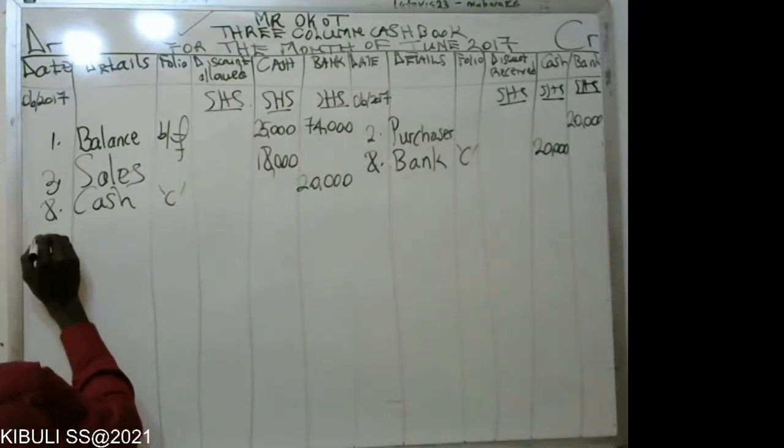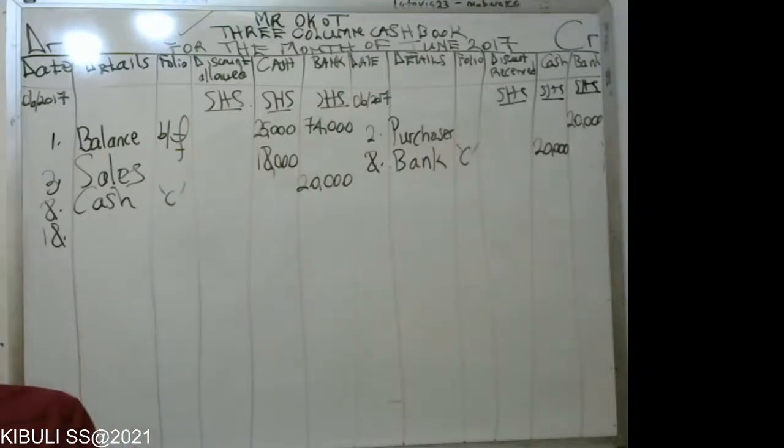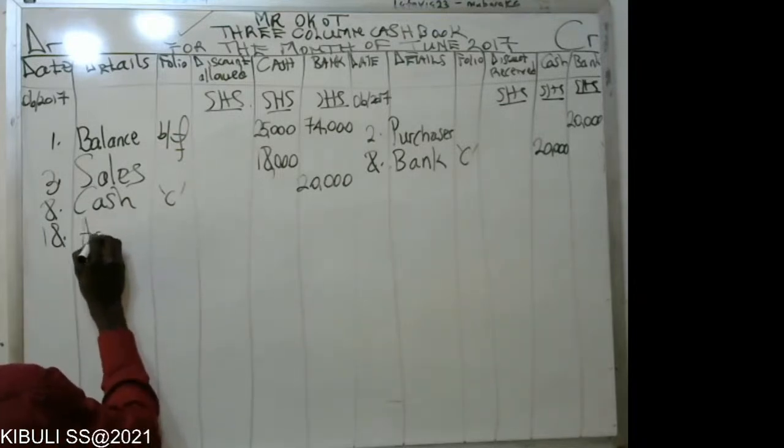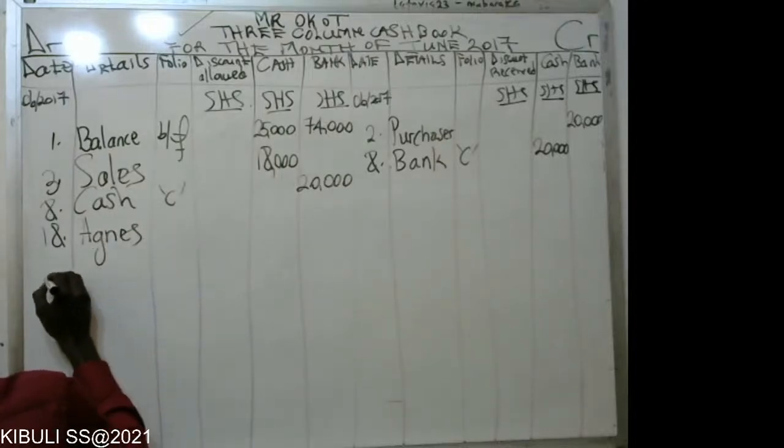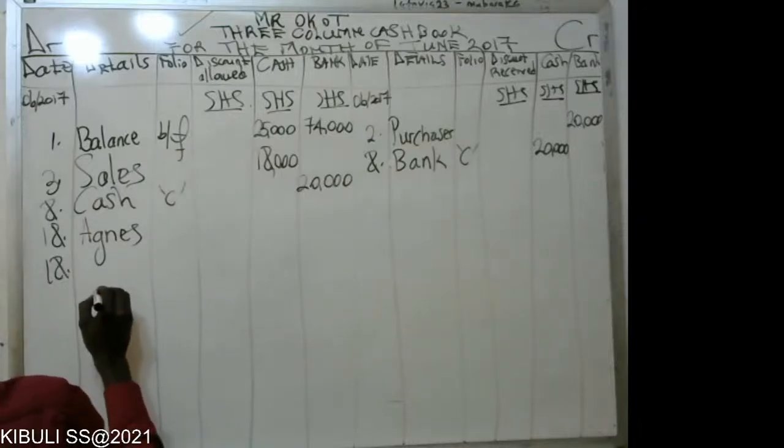So you come, first record, and then you see how to position. So on 18th, we are receiving from Agnes. Then on the same date, we are also going to receive from Benjamin.